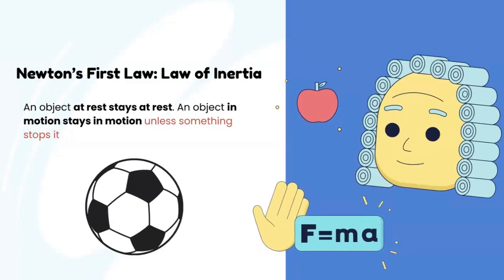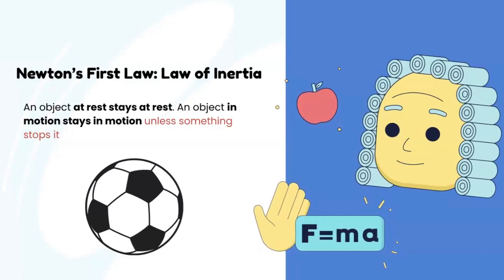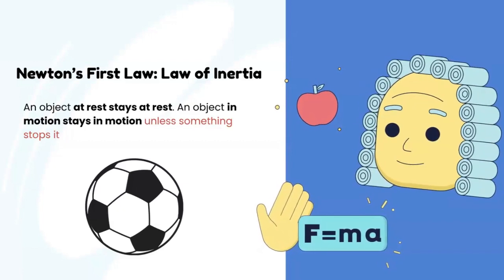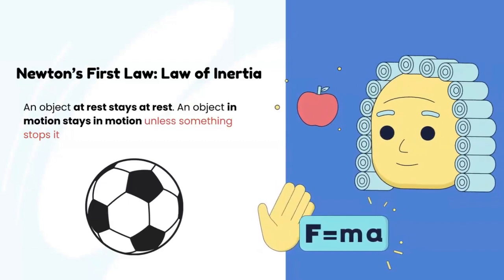If what Newton is saying is that an object, which in this case is our soccer ball, is going to stay in motion, which means after we kick it, it'll keep moving until another force is acted upon it.